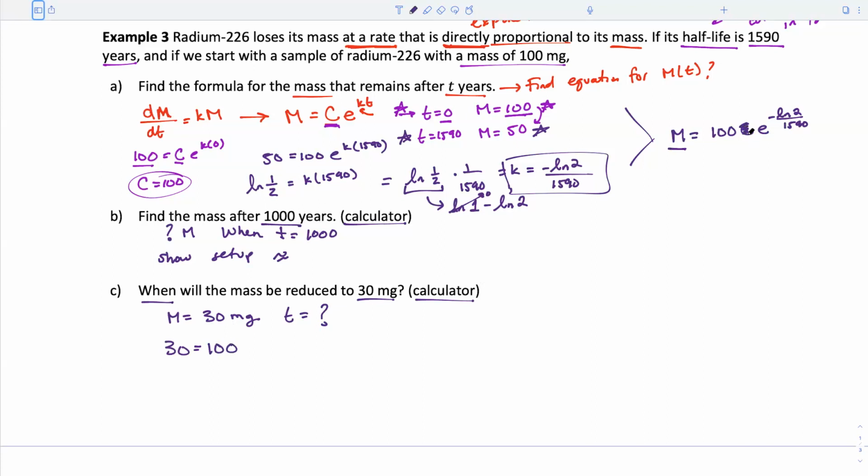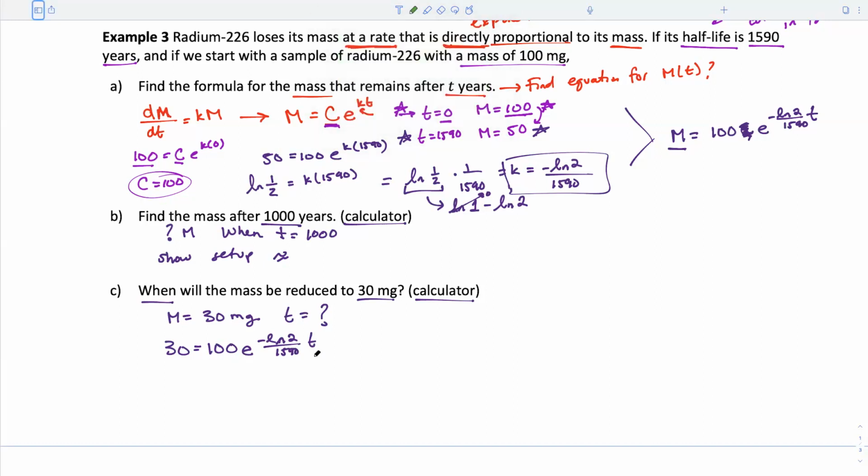Sorry, I don't know why I put a C here. I just noticed that. And I forgot my T. Now T is in the exponent, so we obviously need to bring it down. But before we bring it down, we need to isolate the stuff that's in the exponent.